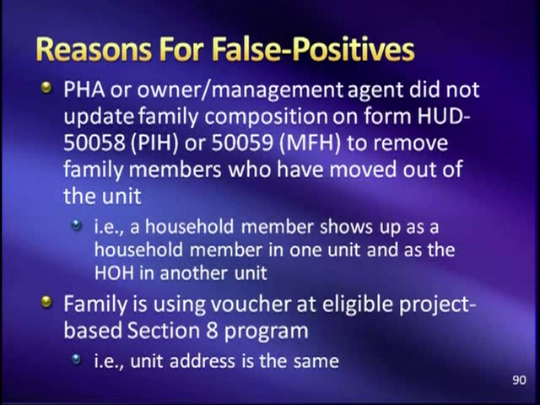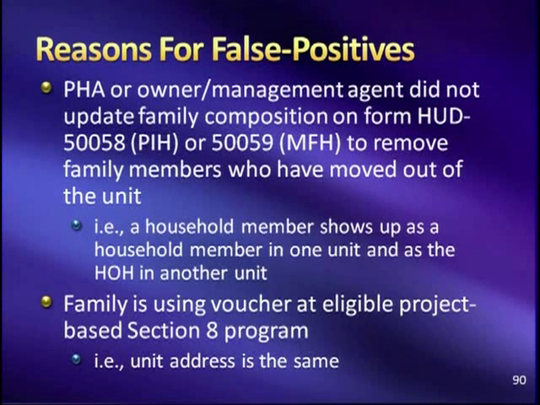Also, it is not uncommon to see false positives for former multifamily housing program participants, and this occurs because the HUD form 50059, the EOP transaction, is deleted out of the current TRACS database.